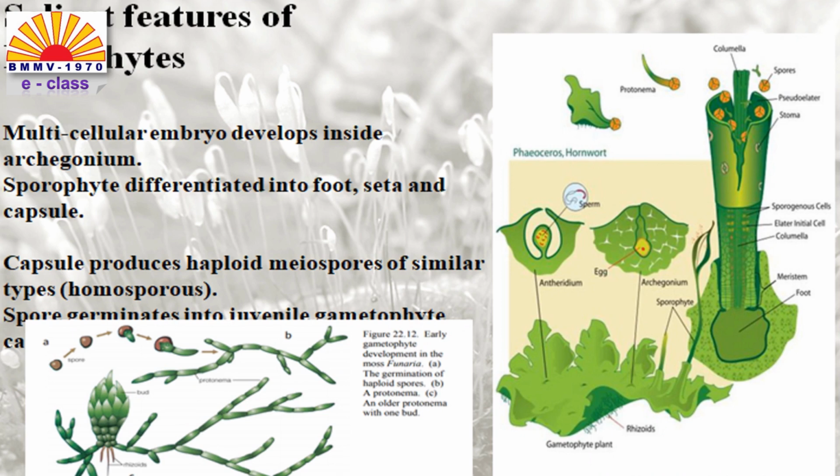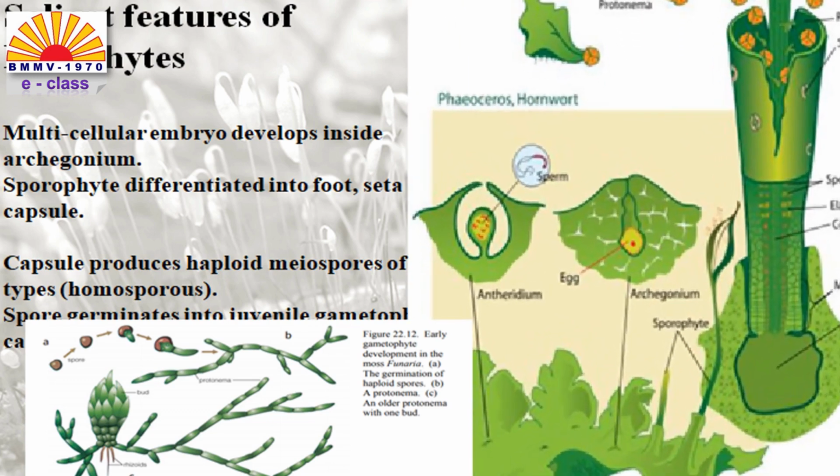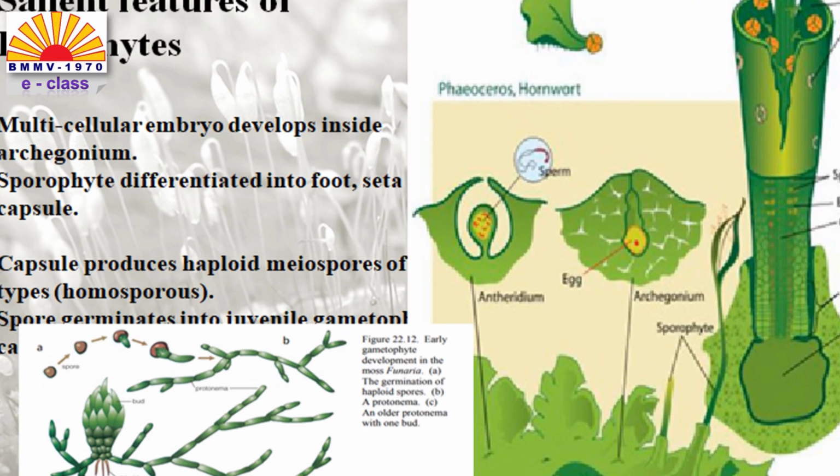The capsule will produce spores. These spores are always haploid spores. Now haploid spores will never germinate directly into a gametophyte. They will form an intermediate structure known as protonema. That is, the spores will germinate into protonema, and protonema will then give rise to gametophyte.